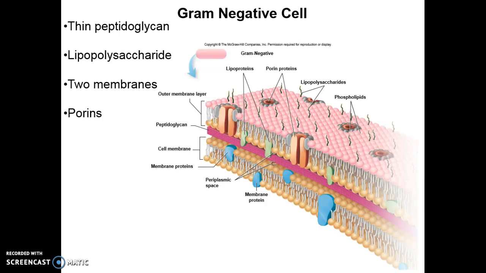The third major step of the Gram stain is then to decolorize the cell with alcohol. In both cases, some of that crystal violet comes out of the peptidoglycan. With the thin layer of peptidoglycan in the gram-negative cell, that alcohol washes out all of the crystal violet.